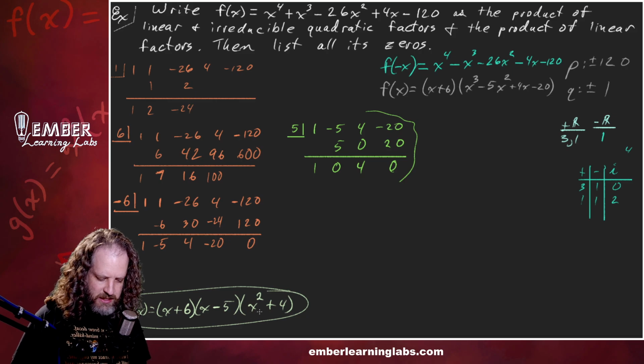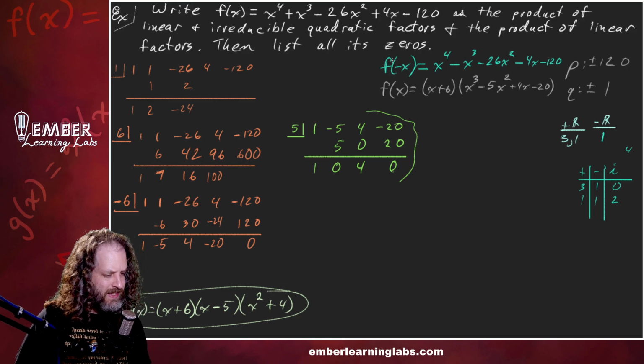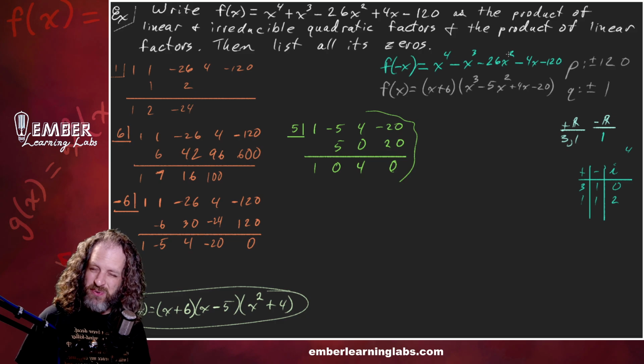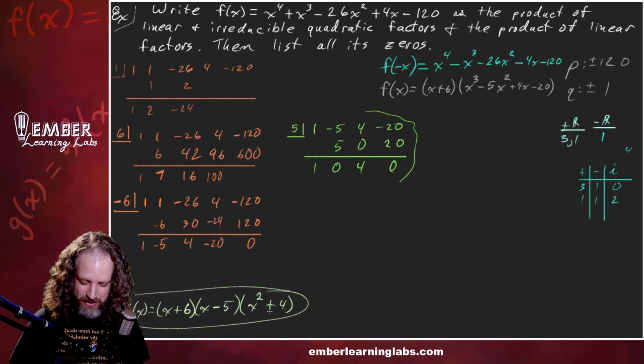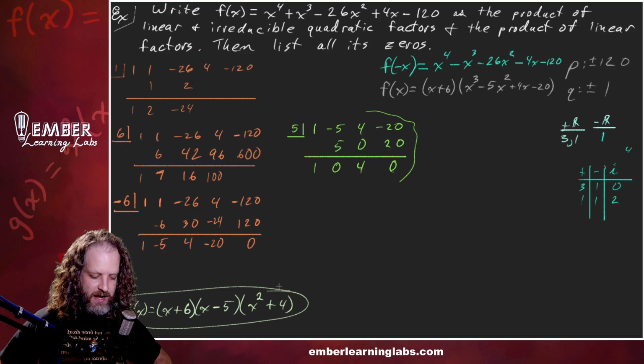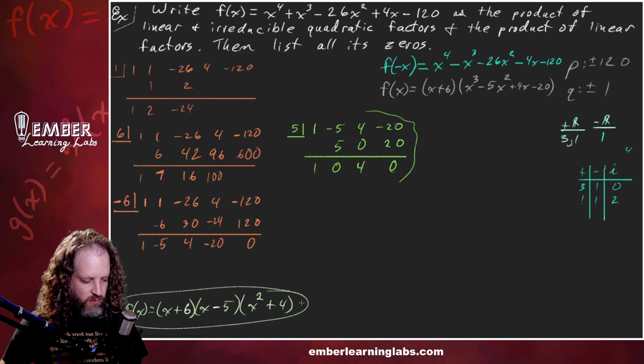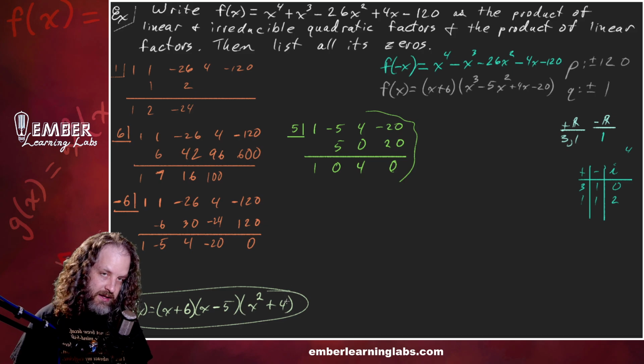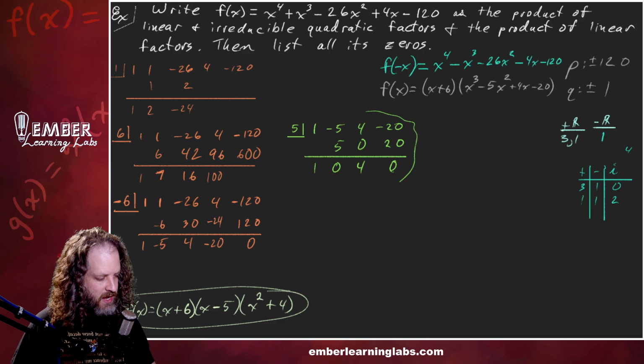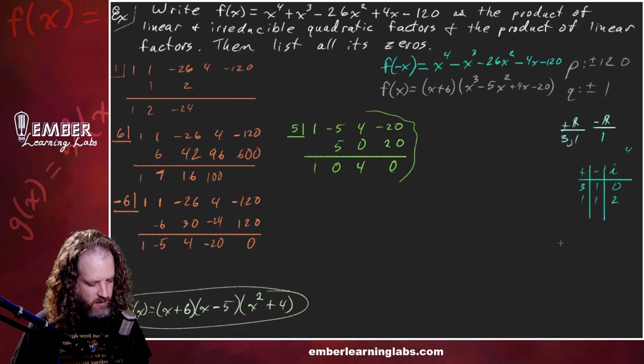So this last part we need to do, it says to also do it as just a product of linear factors. So how can we do that with this quadratic one? Well, let's solve this one. We've got x squared plus 4 equals 0, right?